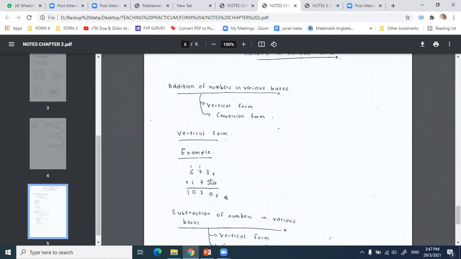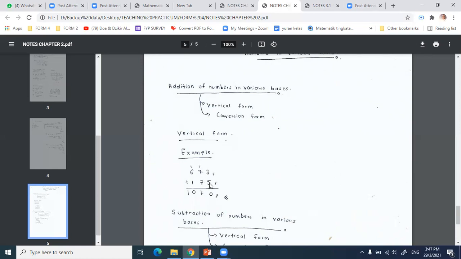For addition, 3 plus 5 is 8. This one is in base 8. So 3 plus 5 is 8, but since it is in base 8, it will become 0, and 1 naik atas ni. So 7 plus 7 plus 1, it will become 15.